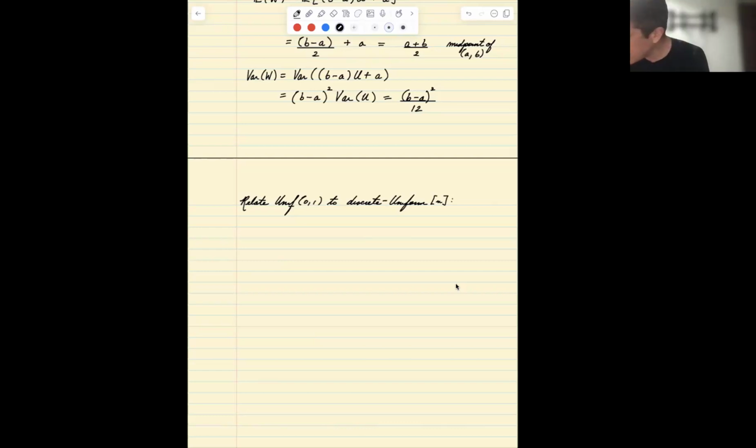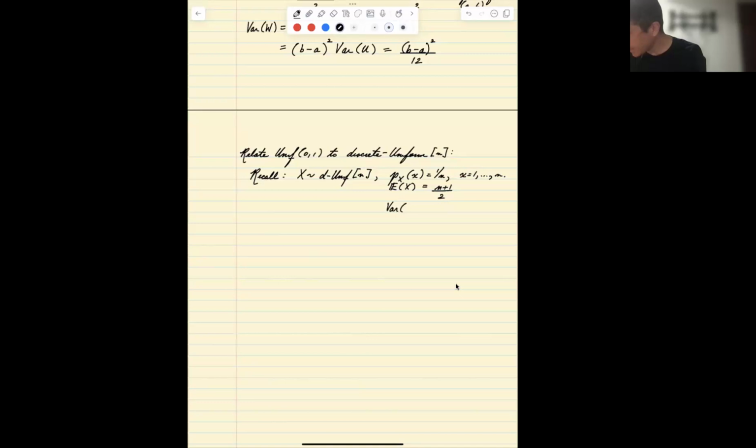So recall, if X is discrete uniform on n, then the mass function of X is 1 over n for values from 1 up to n. The expectation of X is, again, the midpoint of the extreme values, (n plus 1) over 2. And the variance of X was (n squared minus 1) over 12.